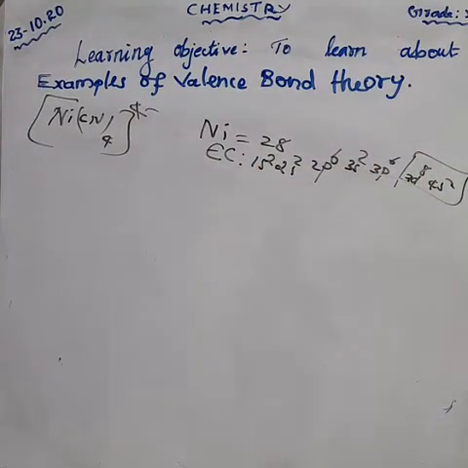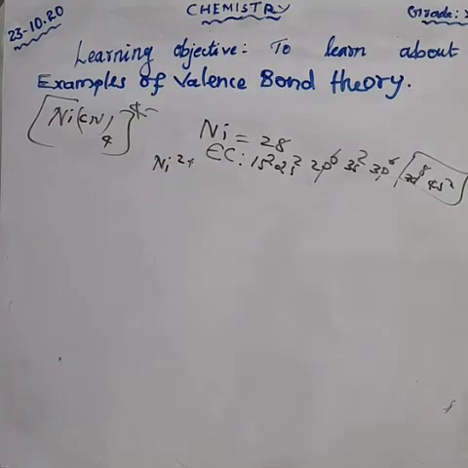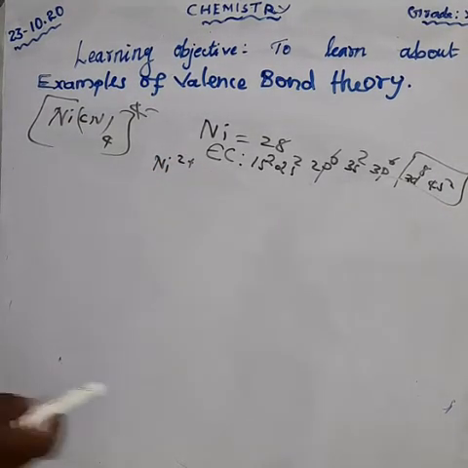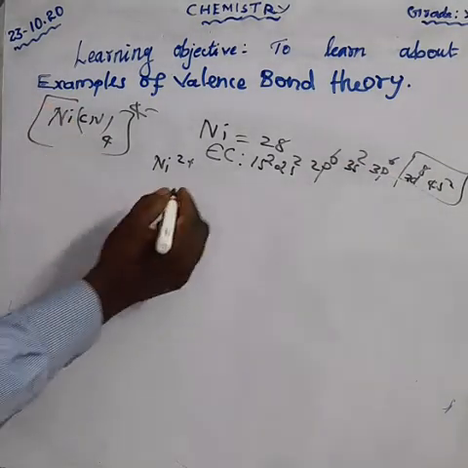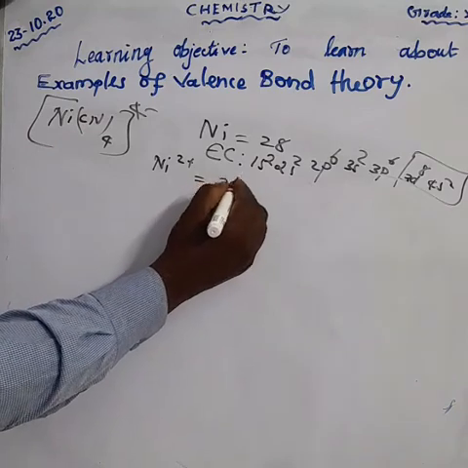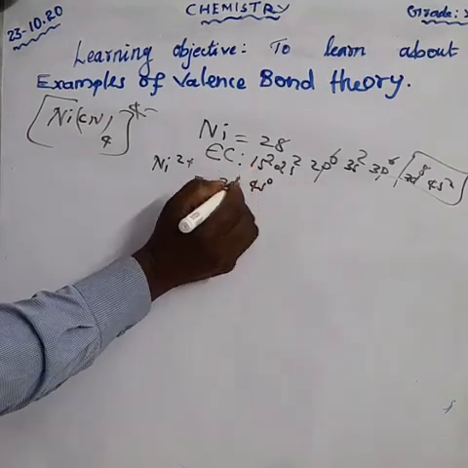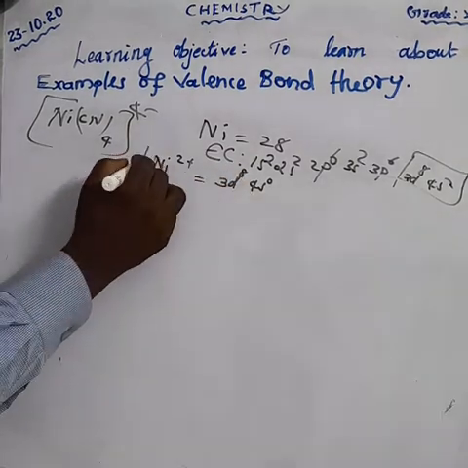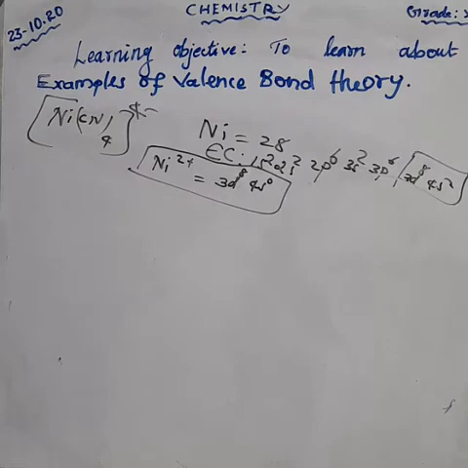Anyhow, here the ion is Ni2+. How do you take Ni2+? That means the loss of the 4s electrons. Am I right? 4s becomes 0. So what is the configuration? It is 3d8 4s0. This is the configuration of the Ni2+ ion. Am I right?